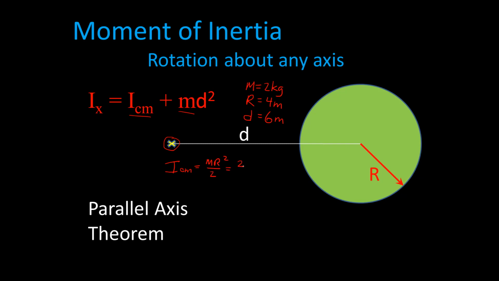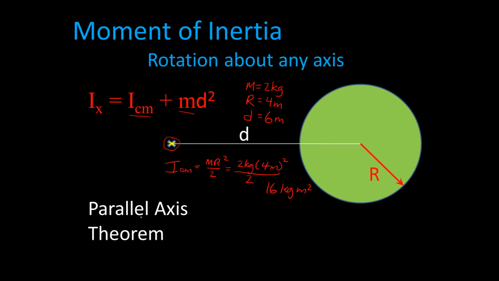In this case, mass 2 kilograms, radius 4 meters squared, divided by 2. Let's see, 16. This should be pretty easy, I'll cancel that. So this part's going to be 16, notice the units, kilogram meters squared.